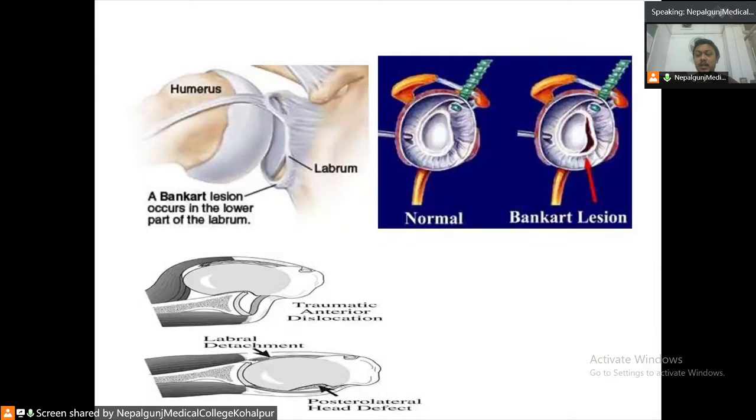What you can find in MRI are a few soft tissue lesions. One of them is the Bankart's lesion. Bankart's lesion is a lesion over the labrum of the glenoid fossa. It occurs in the lower part of the labrum. This is a normal labrum, this is the glenoid fossa, and all of this is the labrum.